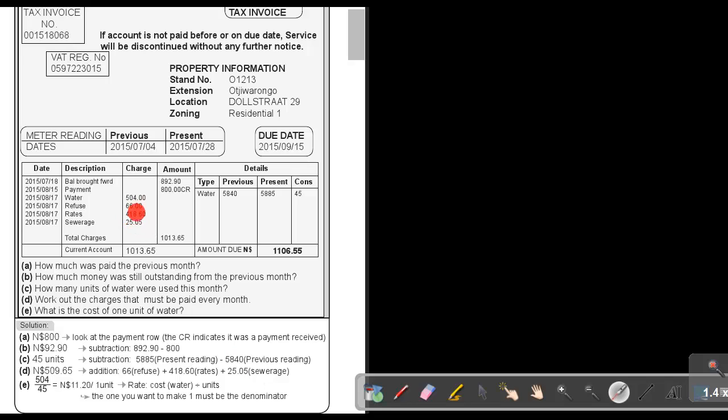So that amount you must pay every month. And if you add that up, you come to 509.65. And then what is the cost of 1 unit of water? Now there's the units and there's the water. So just take that and divide it by the 45, and then you will see it's costing 11 Namibian dollar and 20 cent. That's the rate.